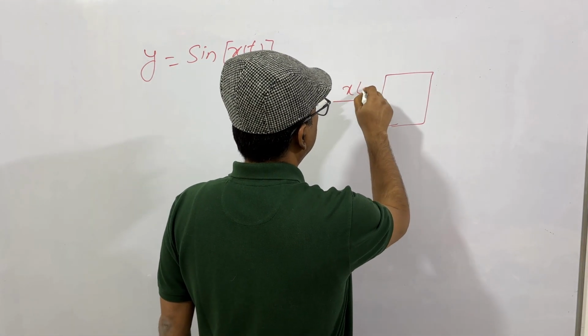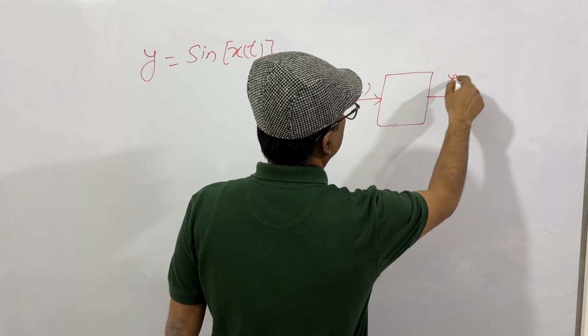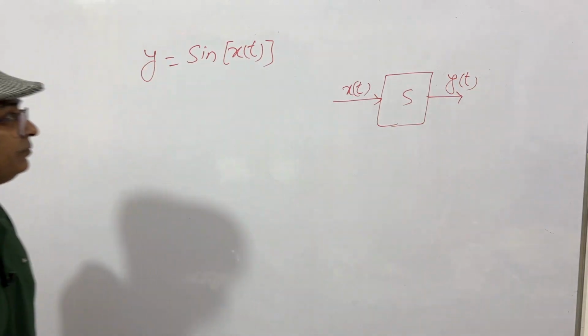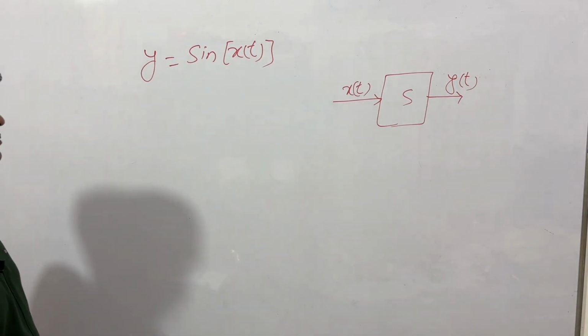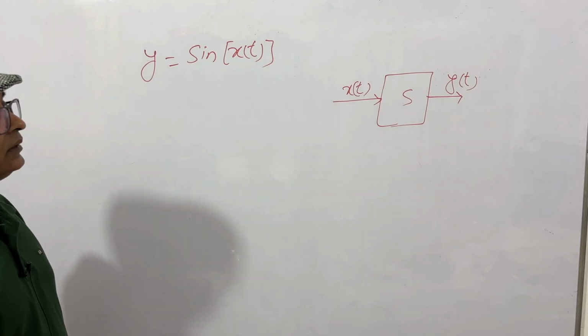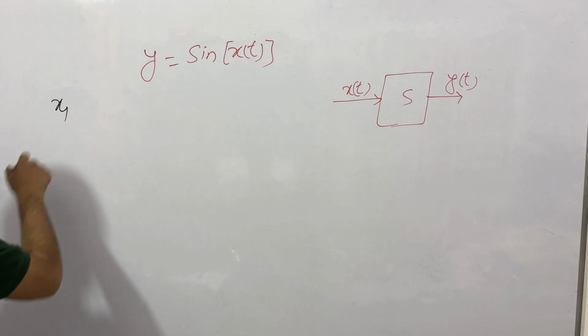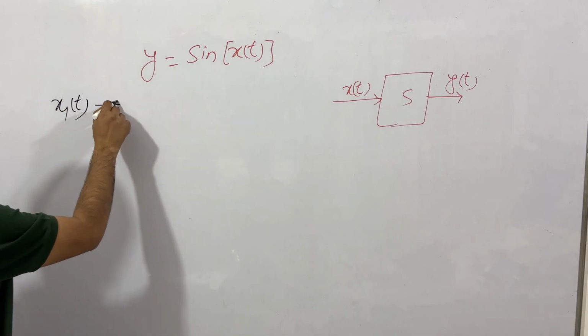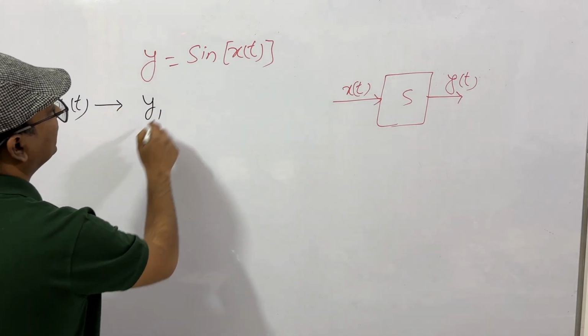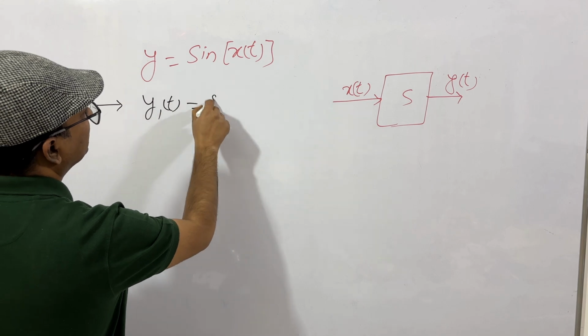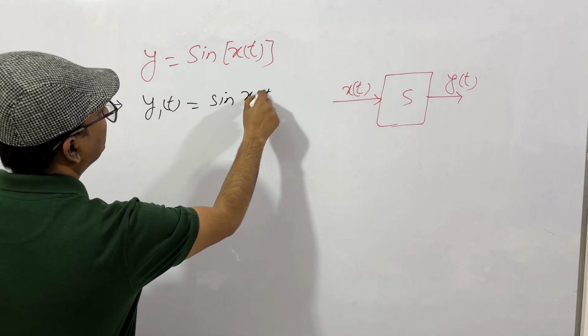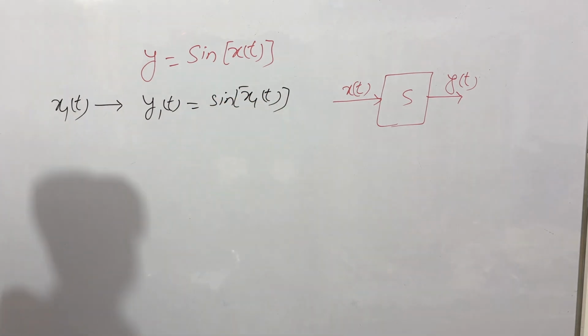This is your x(t), this is your y(t), and this is your system. Is such a system time invariant? Let's see. Let's say we have x1(t) as input that results in y1(t) as output. So this will be sine of x1(t). Okay, clear?